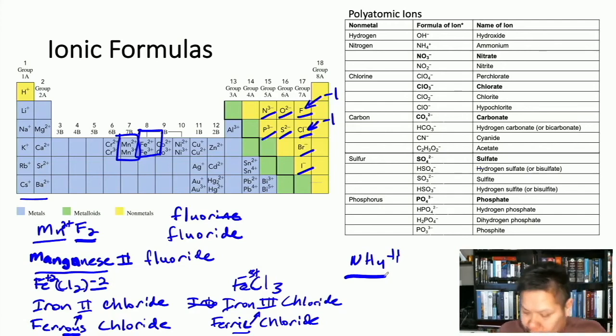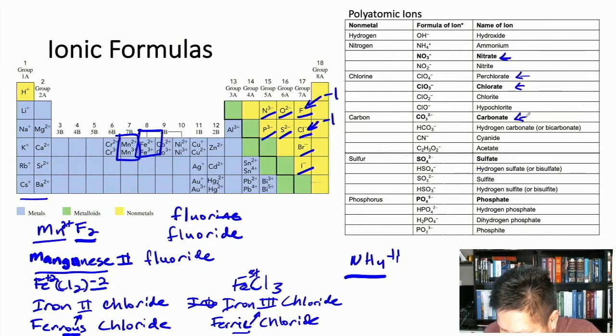is that most of them will end in ate, right? For example, NO3 -1 is nitrate, and then ClO4 -1 is perchlorate, and then ClO3 -1 is chlorate, and then CO3 -2 is carbonate.